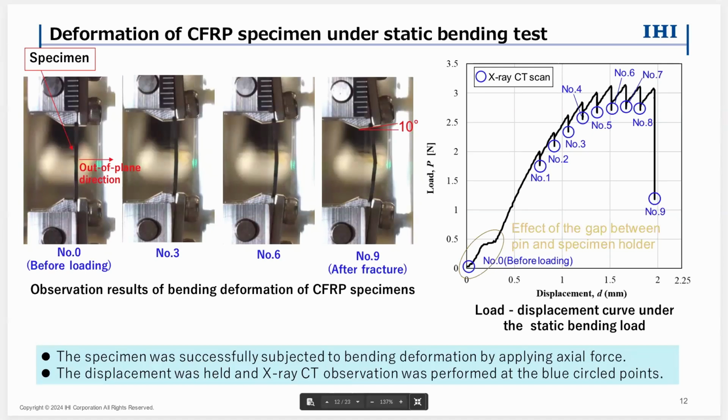So the specimen was successfully subjected to bending deformation by applying axial force. The right figure shows the load displacement curve under the static bending loads. The displacement was held, and X-ray CT observation was performed at the blue circle points. In total, 10 scans were performed.